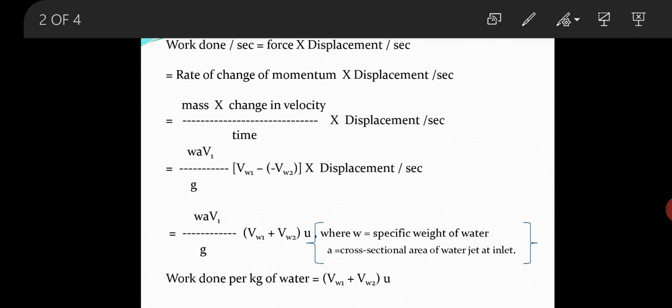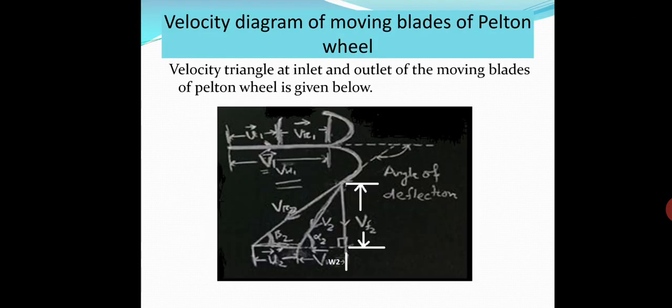To familiarize you with these terms, I am going to explain the velocity diagram of the blade once again. This is the velocity diagram of the moving blades of the Pelton wheel. This is the inlet; the inlet diagram is a straight line.